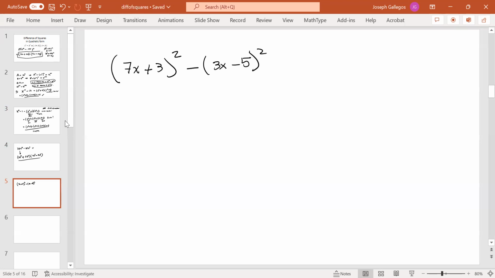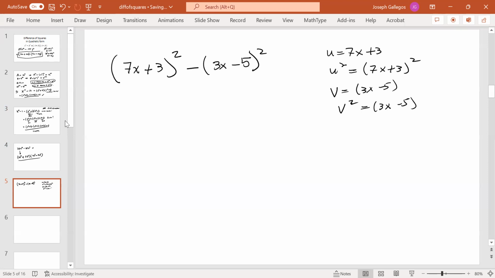But we can look at this as being a quadratic form. If we let u equal 7x plus 3, then u squared is going to be 7x plus 3 quantity squared. And if we let v equal 3x minus 5, then v squared is quantity 3x minus 5 squared, like that. And so it fits our form.